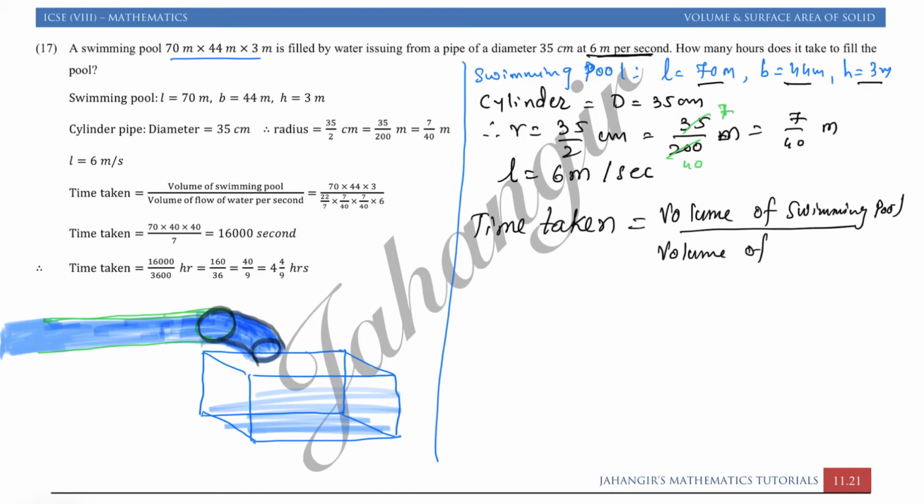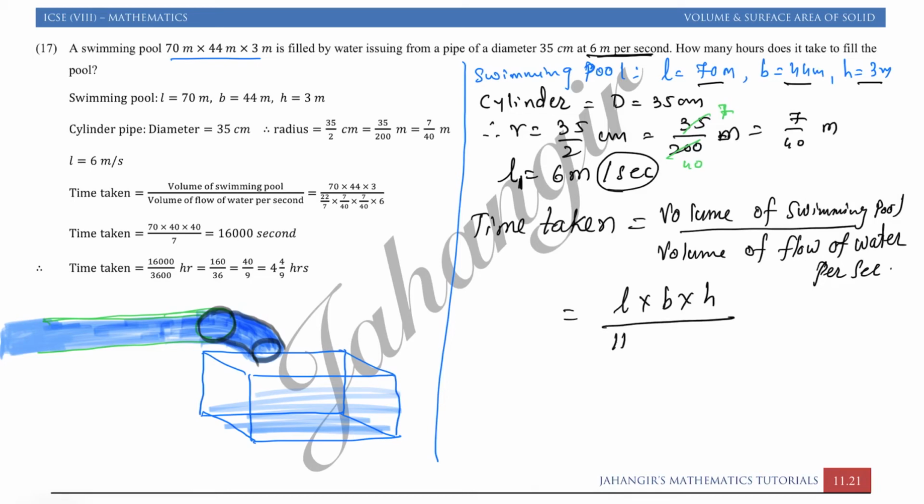How much is flowing in one second, that volume. So volume of swimming pool will obviously be length into breadth into height. This I can say length 1 because it's a length, it's a flow of water, and volume of flow of water will be in the shape of cylinder, that can be written as pi r square into L1. So now let us substitute values. I don't have that much space.